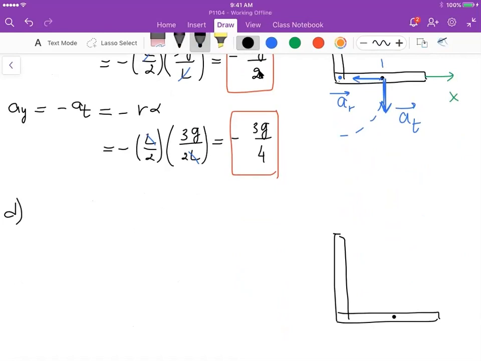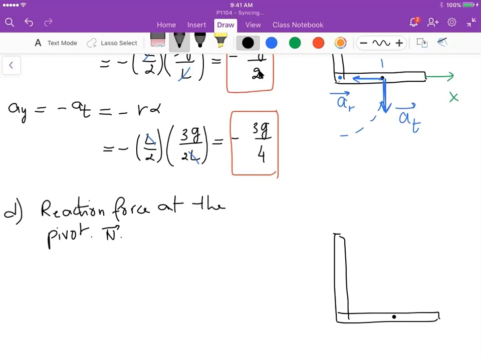From the previous questions, we have to deduce the component of the reaction force along the x-axis and along the y-axis. Let's call this force N, or R, you can call it whatever you want. The point is that we want to see, in this horizontal position after going down from rest, how much is the vector N.